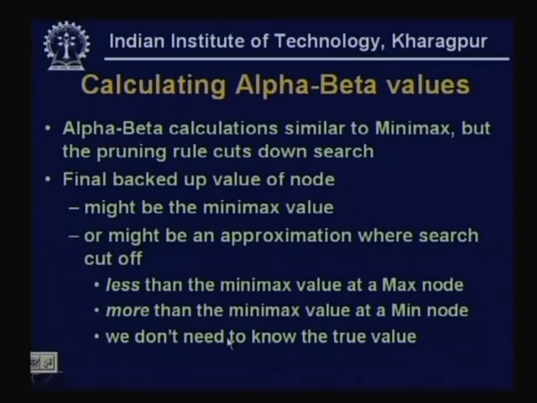Now, how to compute these alpha beta values? We will outline an algorithm for computing the alpha beta values. The computations of these alpha beta values will be very similar to the minimax computations, and they can be done in a depth first manner. However, while computing the alpha beta values, we need not explore all the nodes of the search tree.